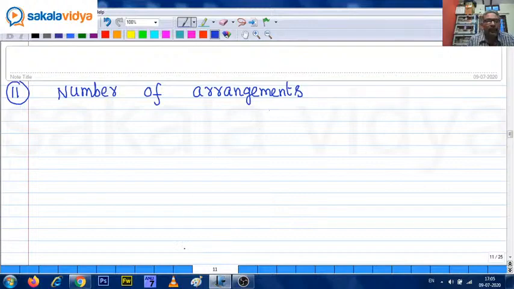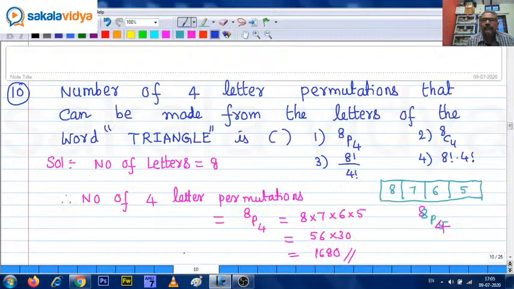Okay, I need to check the option also. Yes, this we need to change option. 8 factorial by 5 factorial, right? Yes, 8 factorial by 4 factorial is correct. Narla, good observation.